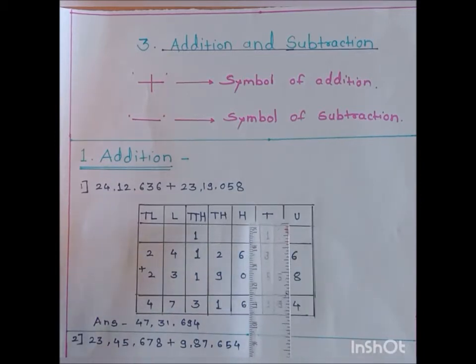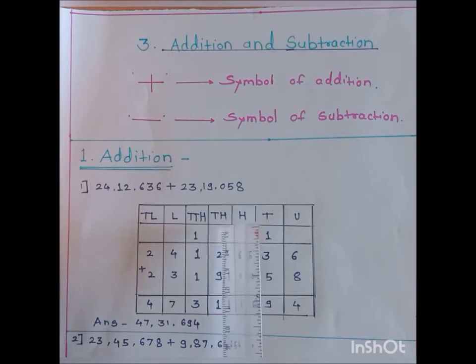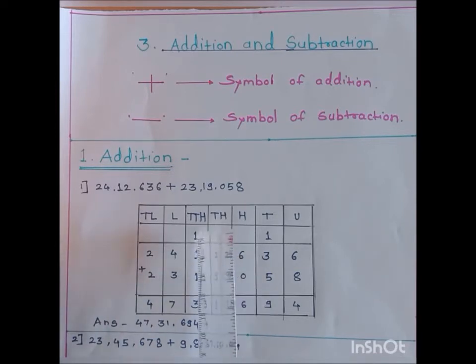Let us add the digits of hundreds place, that is 6 plus 0 is equal to 6. Now add the digits of thousands place, that is 2 plus 9 is equal to 11. Carry 1 to the ten thousands place, that is 1 plus 1 is equal to 2 and remaining carry 1, that is equal to 3.